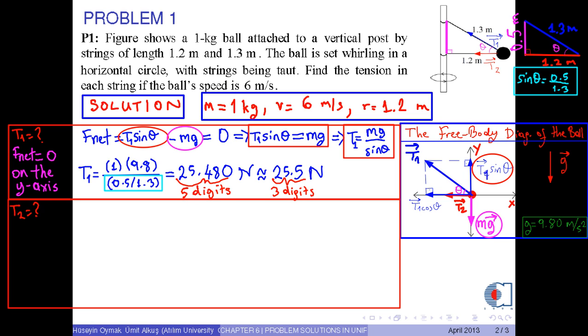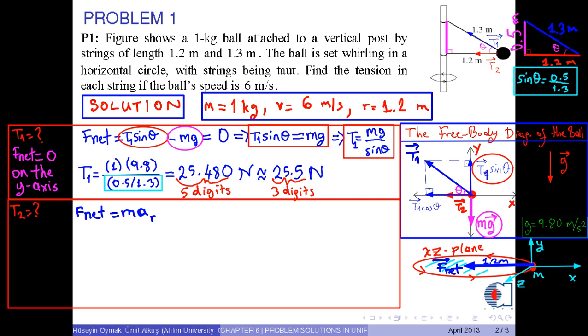Now we can find tension T2 as follows. Since there is a uniform circular motion or centripetal motion in the horizontal plane, then we can write Newton's second law for this motion as F net equals m times a_r. The net force of our concern is hence the horizontal net force in the x-axis, which is calculated to be T2 plus T1 times cosine theta.